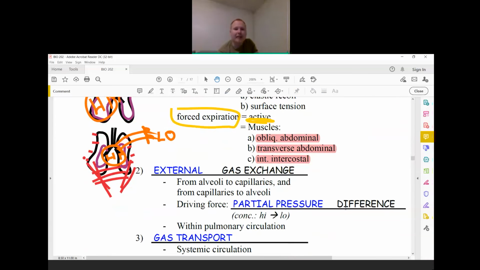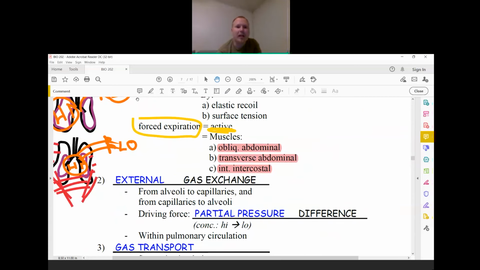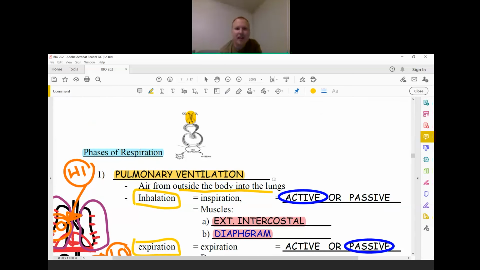What I want to talk about next is going back to these phases of respiration, and we're going to talk about gas exchange. We're going to talk first about external gas exchange. So it tells you that we're going to talk about internal gas exchange later. External gas exchange takes place here between the alveoli and the capillaries of the pulmonary circulation.